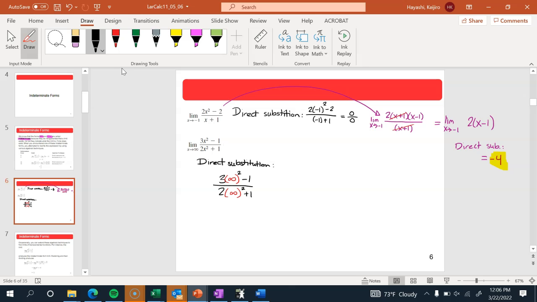Just make sure that you know that you cannot actually do this, but this is basically what happens. And so you get infinity over infinity. Because, you know, square infinity, that's infinity. Subtract 1 doesn't matter. Same thing here. So that's an indeterminate form.